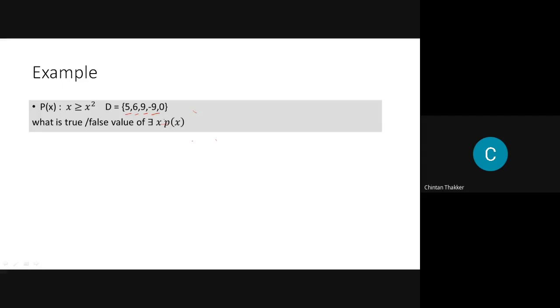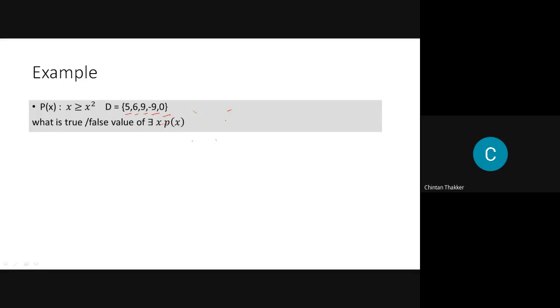Minus 9 is also less than minus 9 square. Okay. But if we take x equal to 0, then 0 square is 0.